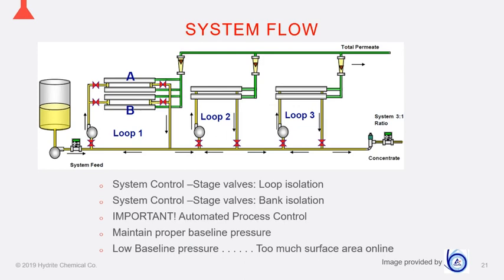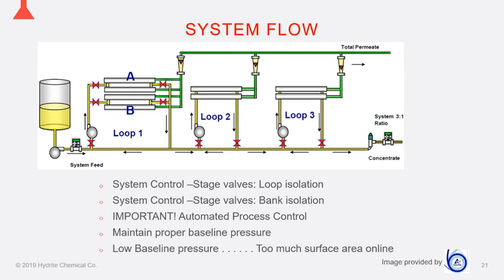If you have an account that has really good trending, you can actually see on the trending when these loops come in, because you follow the baseline trend. You can see when it drops, that's when a loop got turned on, so you can determine how long those loops have been running. Then the other final loop, A or B, would come on, and the system would probably run for many hours after that, because it didn't over-concentrate and didn't hit that negative baseline pressure.